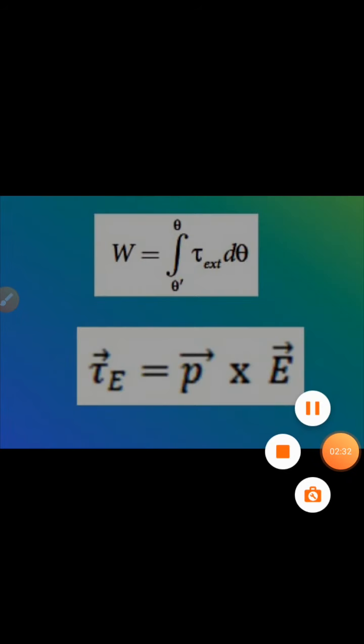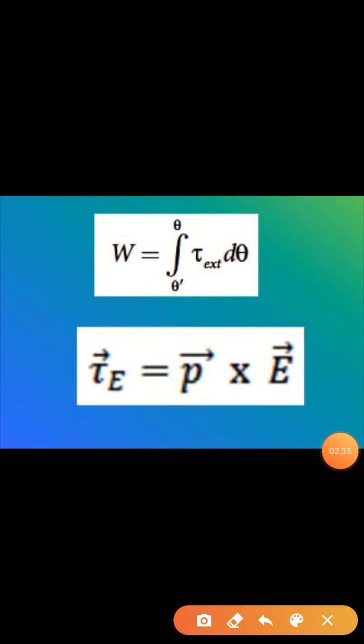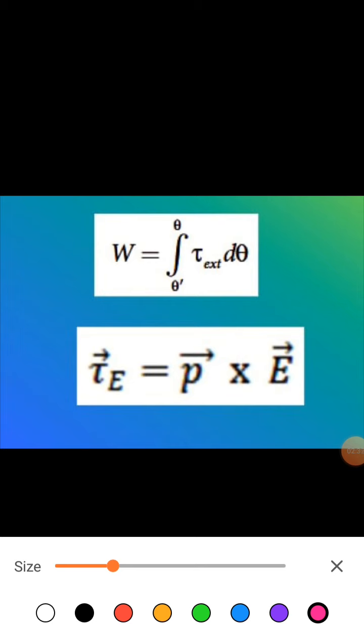The work done by the external torque to rotate the dipole from angle theta dash to theta with constant angular velocity. That is, the work done W by the external torque tau rotates the dipole from theta dash to theta at constant angular velocity.